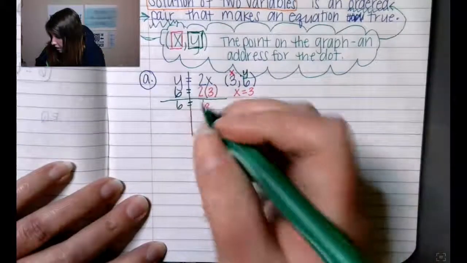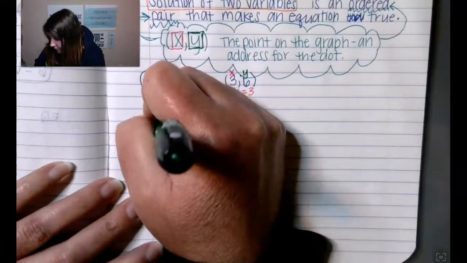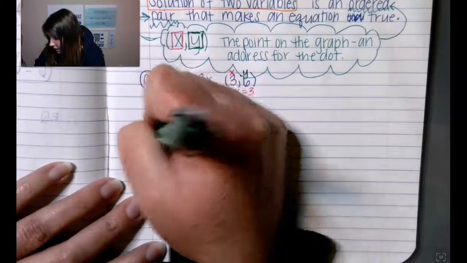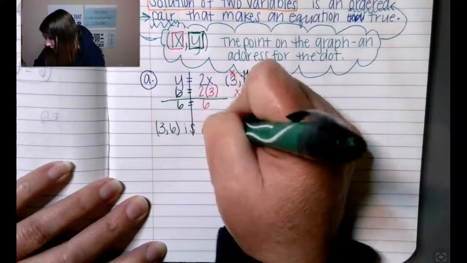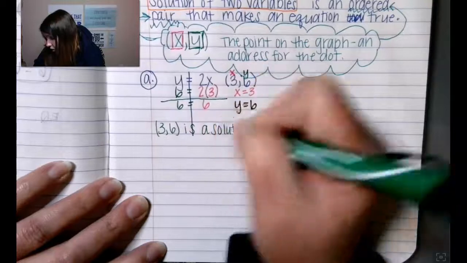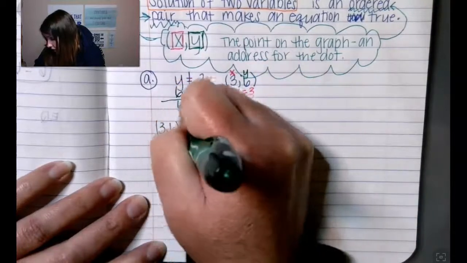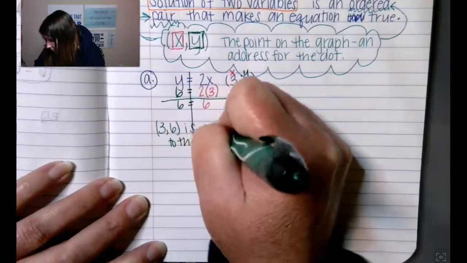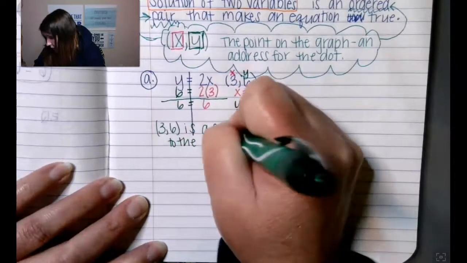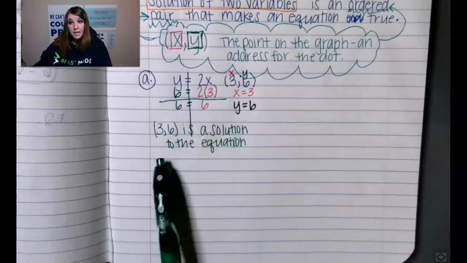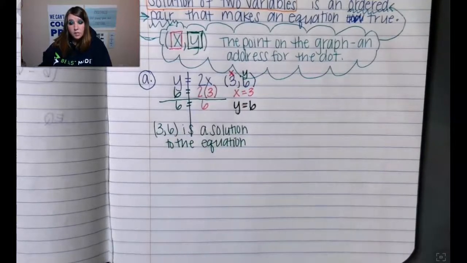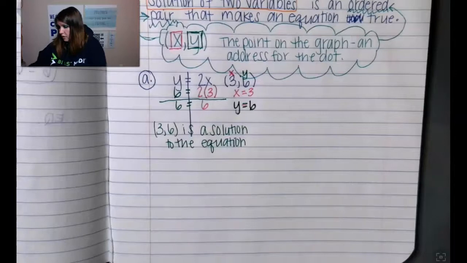So we just write 3, 6 is a solution. And it's a solution to the equation. If it's not a solution to this equation, then we would say it is not a solution to this equation. Okay, let's do another one.